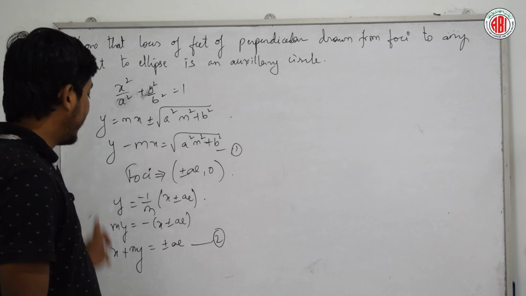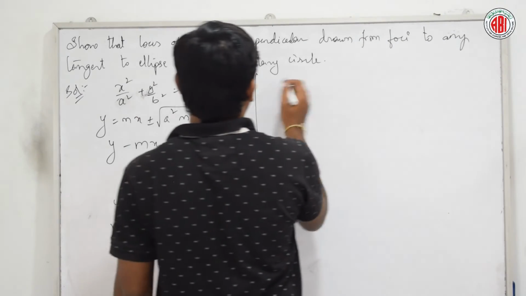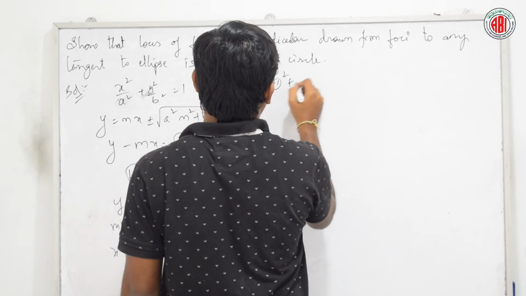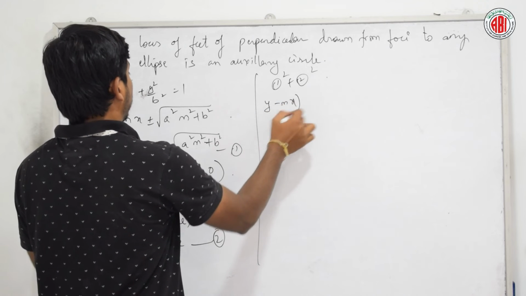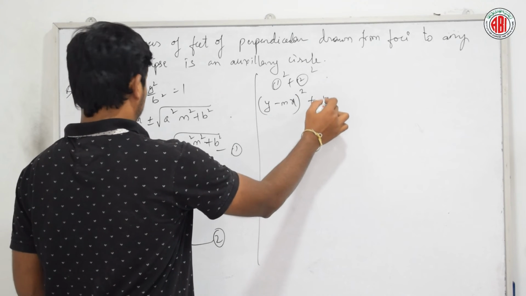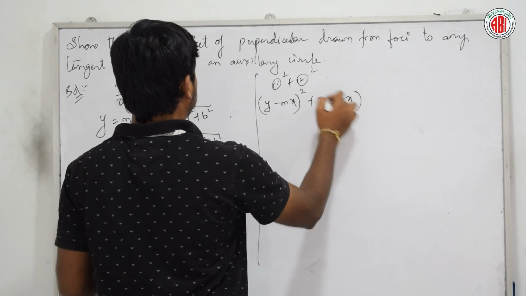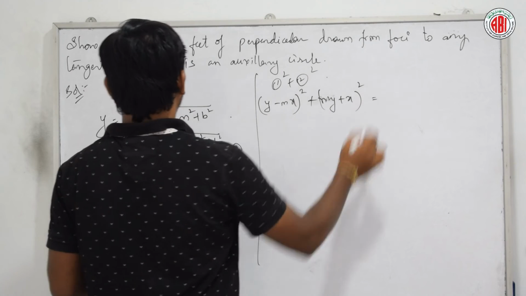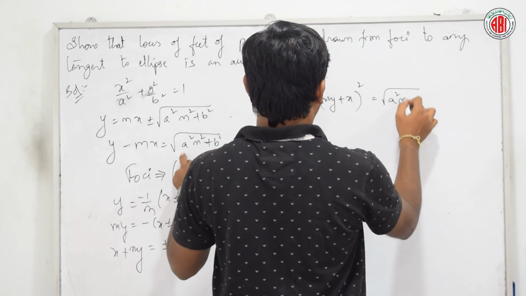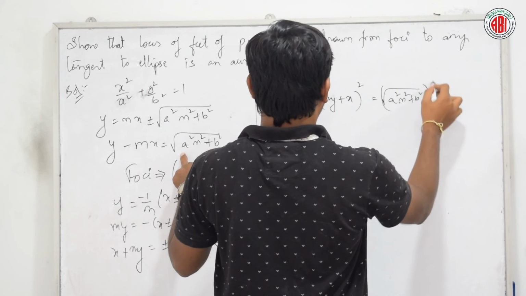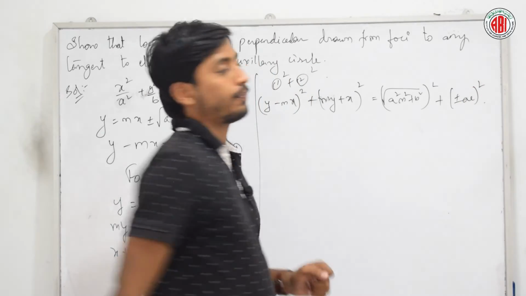Now square both of these and add. So how do we get now? 1 square plus 2 square. Here it is y minus mx whole square plus my plus x whole square is equal to a square m square plus b square plus or minus a whole square.